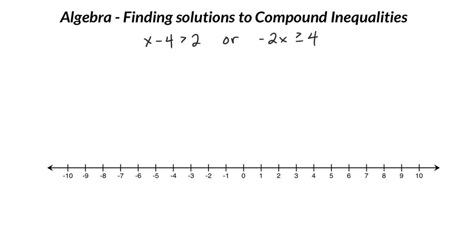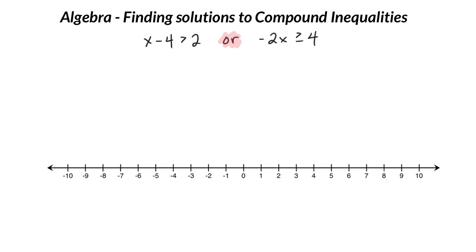You can see here I've said that x minus 4 has to be greater than 2, or negative 2 times x has to be greater than or equal to 4. Now, this word or means we have to find an x that satisfies one or the other. So let's solve both of these.